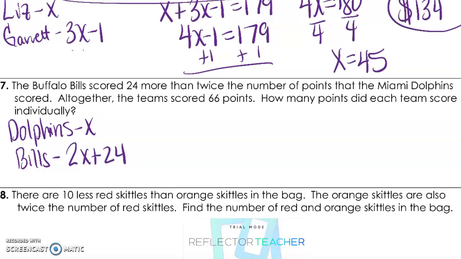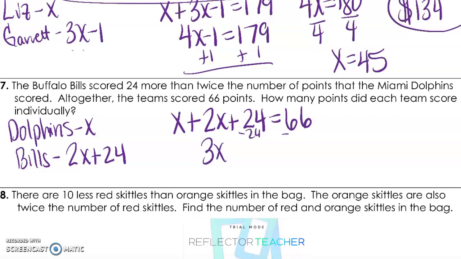Altogether, they had 66 points. So x plus 2x plus 24 equals 66. So 3x, and again, if you want to do the subtract 24 at the same time, you can do that. 3x equals 42. Divide. x equals 14.